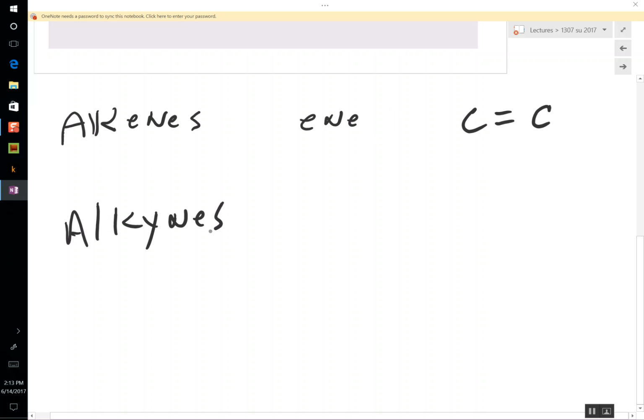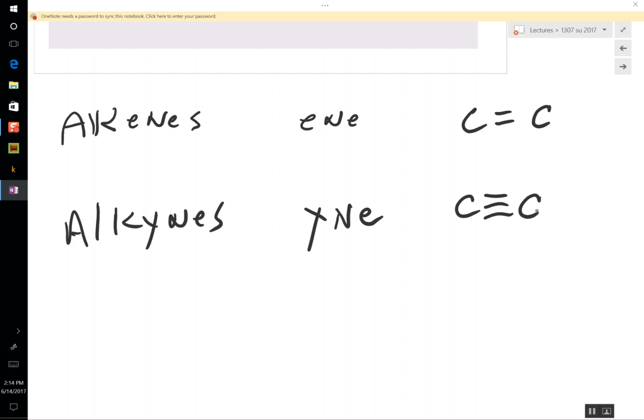Alkynes, with carbon-carbon triple bonds. These are both unsaturated. A molecule only needs one of these in it to be unsaturated, not like alkanes where they're all saturated.